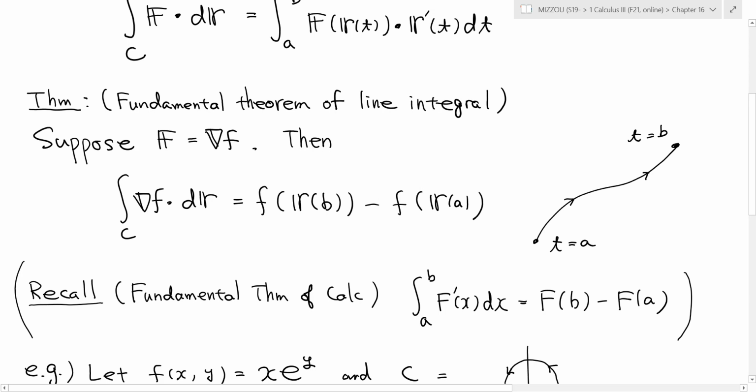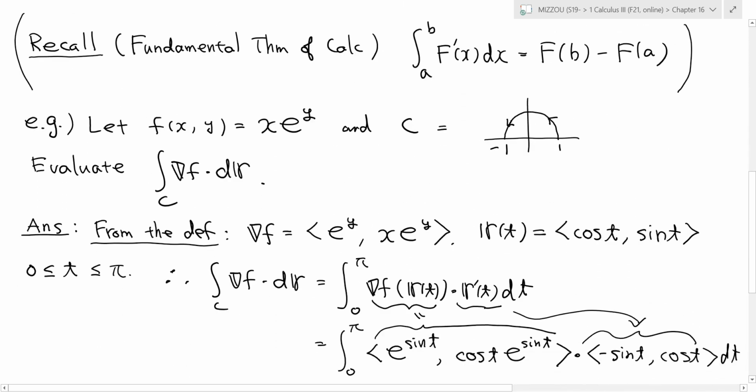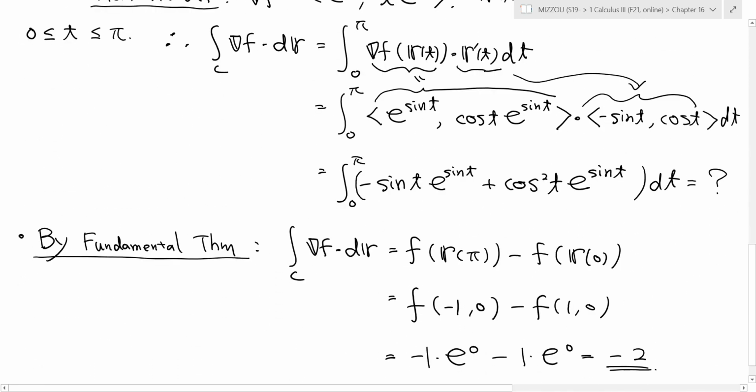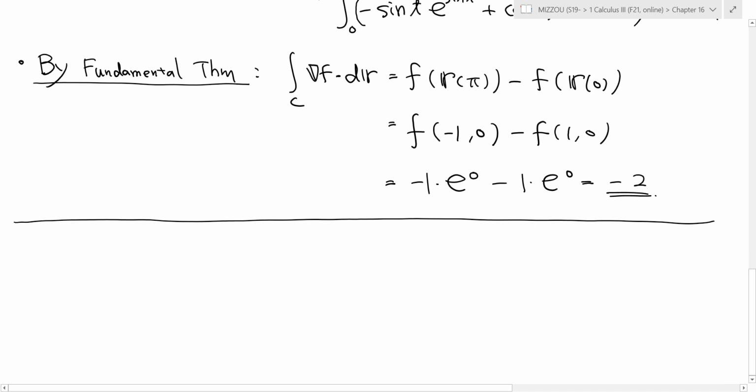But like I said, this is not always the case. It is not always the case that you can find a little f so that the big F is the gradient of f. So such a vector field is, in a way, a very special vector field, so it has its own name.